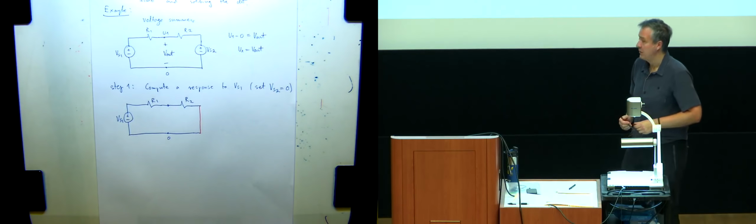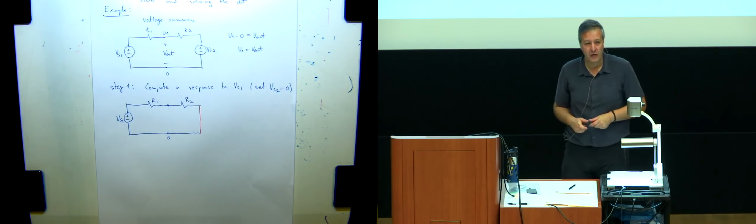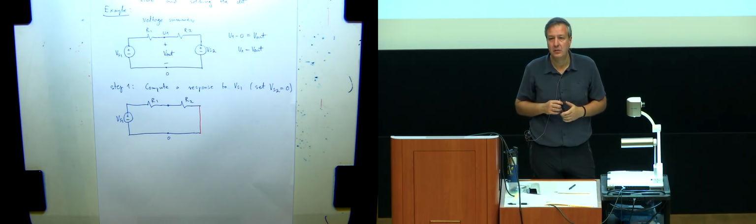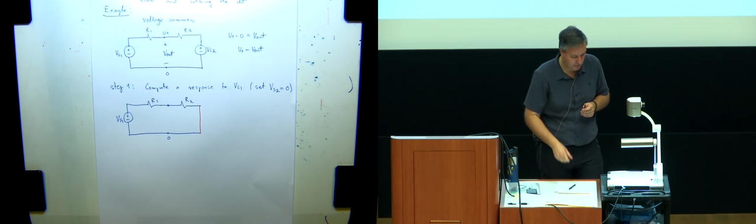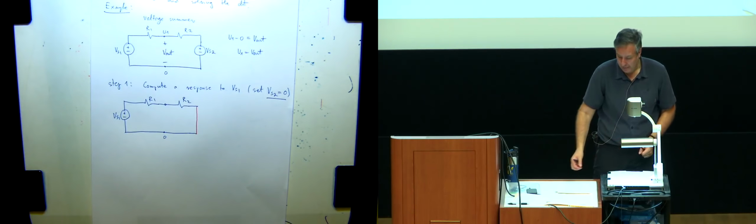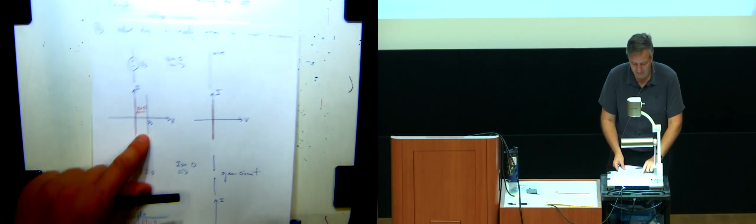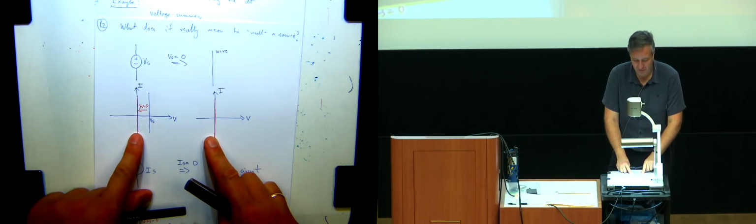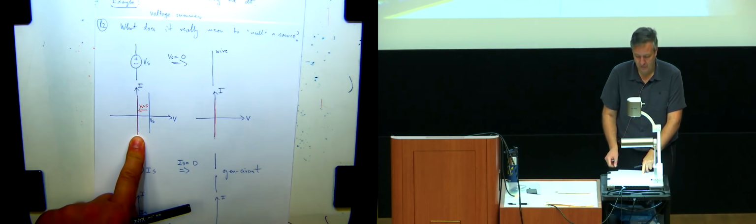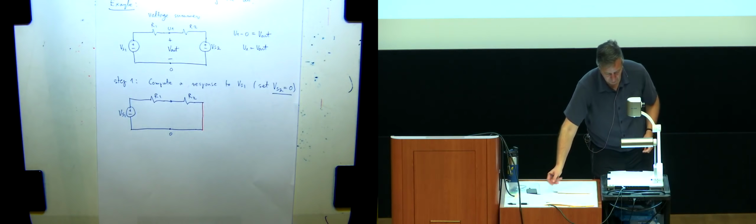I'm drawing this red line, which is a wire, in the place where VS2 used to be. Why did I do that? Yes, because we're setting VS2 to 0, and when we do that, the voltage source becomes a wire.